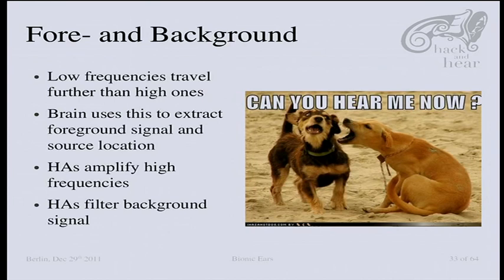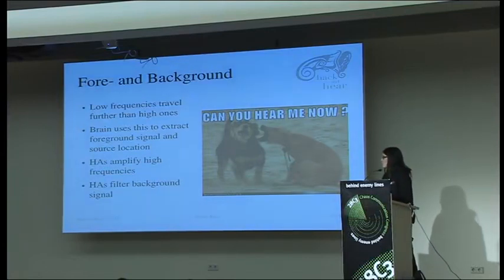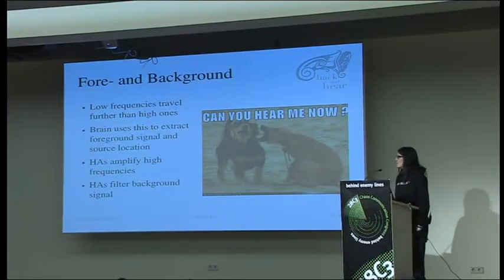Generally it's really hard to extract foreground from background noise, because foreground noise has all the high frequencies and background noise doesn't. And if you don't hear high frequencies at all, everything is one blob of sound for you. Hearing aids help with that because they mostly focus on high frequencies, and they have filters to filter out the background signal.